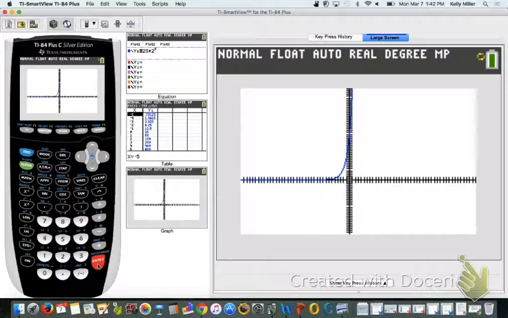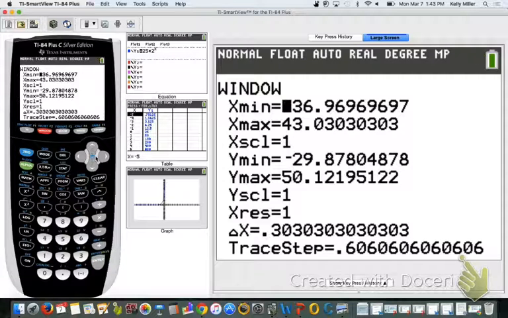This means you probably have a stat plot on. Your stat plot's off. All right, let me change my window here. Are we ever going to have negative time? No. So should I have an x minimum value of a negative number? No. So I should be starting my x at what time? 0.